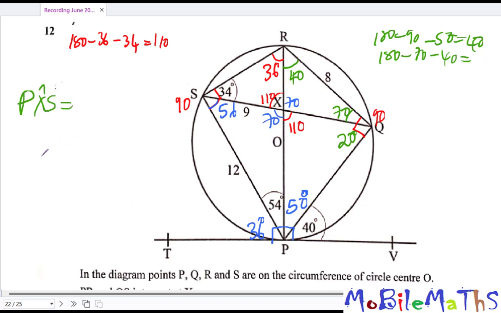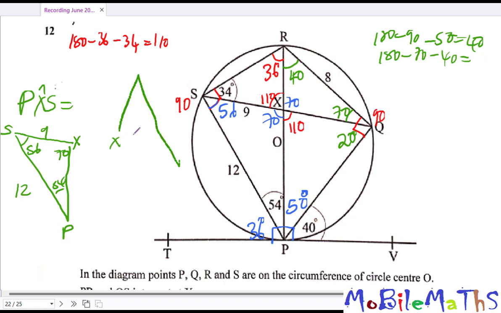So when I'm going to name this triangle, let me just try to draw it. We are going to use 56 here, 70, and 54. Then here I've got a side of 12 and a side of 9, and this is X, S, and P here. So this is similar to also a triangle which is X and going forward like that, that bow tie which is Q here and R. And here we have got a side of 8.